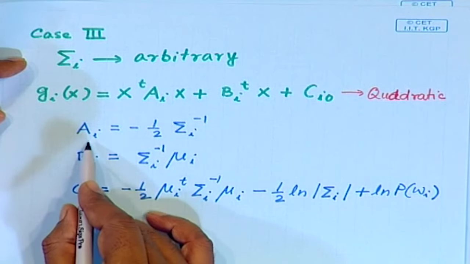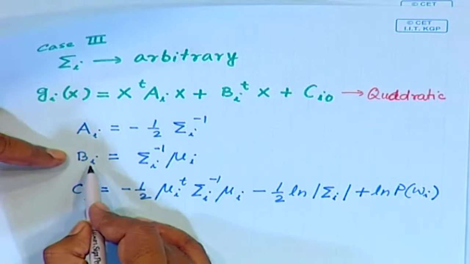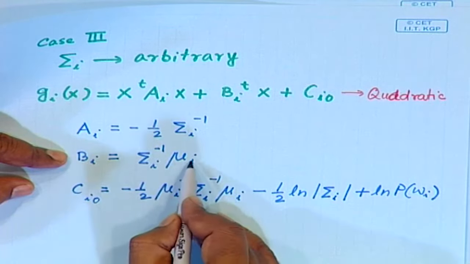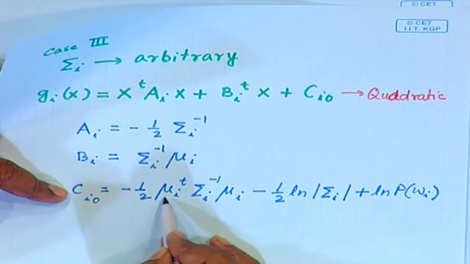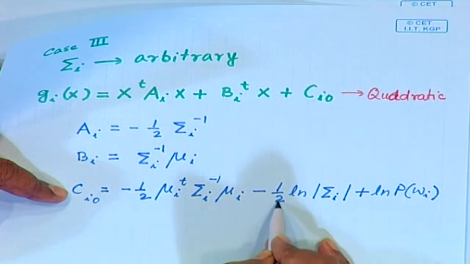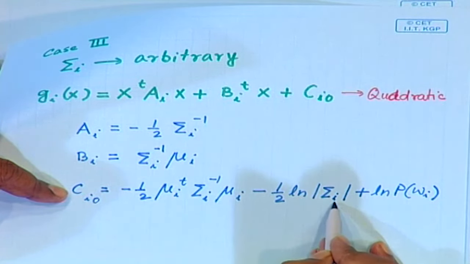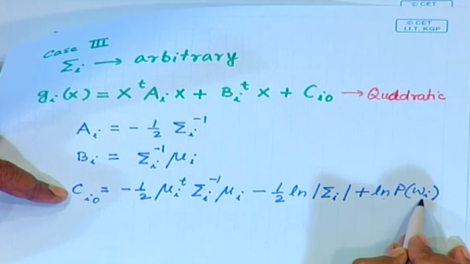Where the value of A1 will be minus half of sigma 1 inverse, the value of B1 will be sigma 1 inverse mu 1, and the value of C10 will be minus half of mu 1 transpose sigma 1 inverse mu 1 minus half log of determinant of sigma 1 plus log P of omega 1.